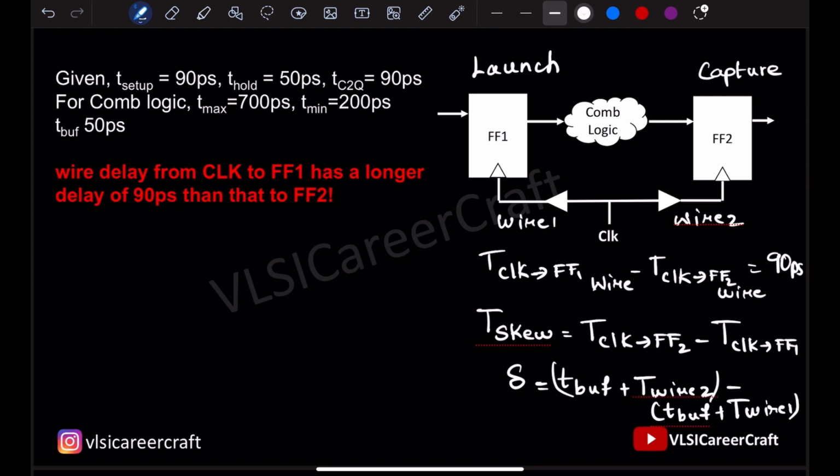This is already given, but here we observe that T clock to flip-flop 1, that is wire 1 minus wire 2, is 90 picoseconds. So our skew is equal to minus 90 picoseconds, because it is T wire 2 minus T wire 1. So it gets reversed, and we get negative skew.